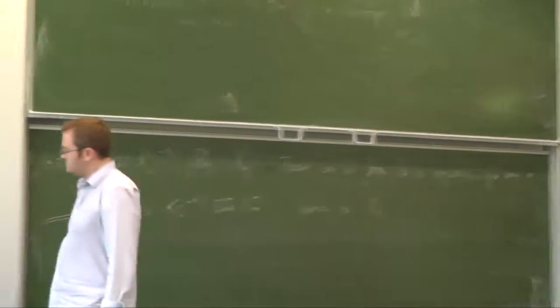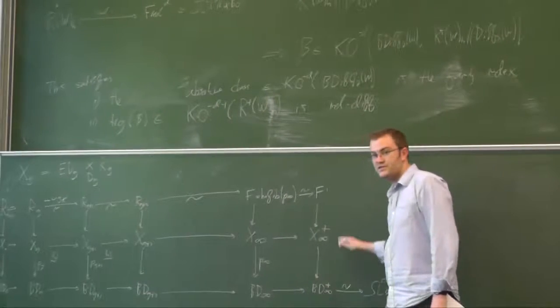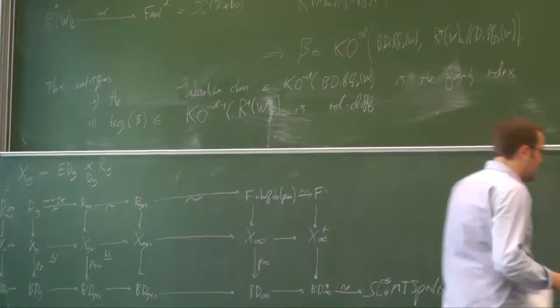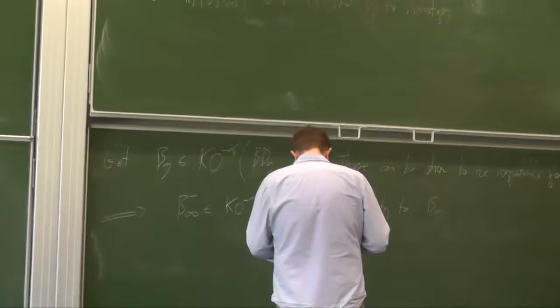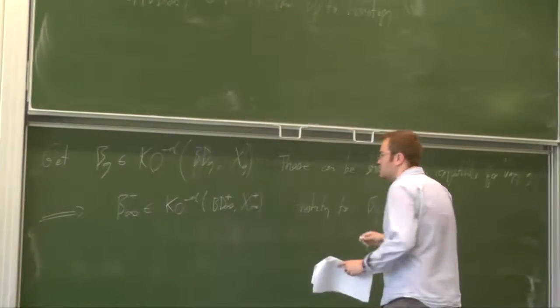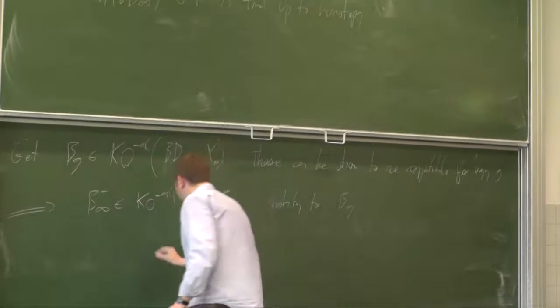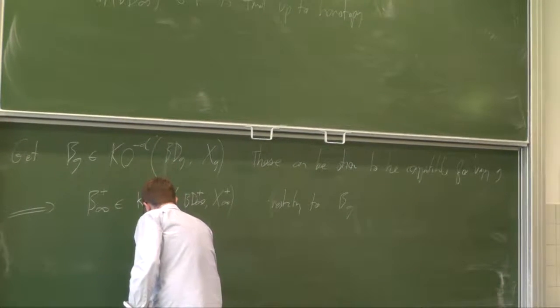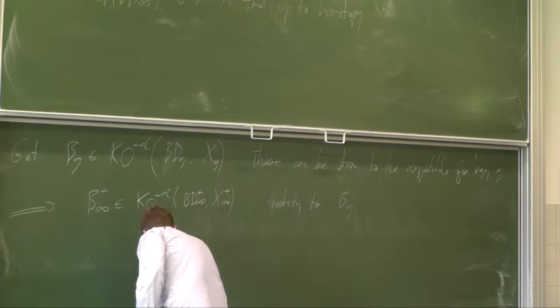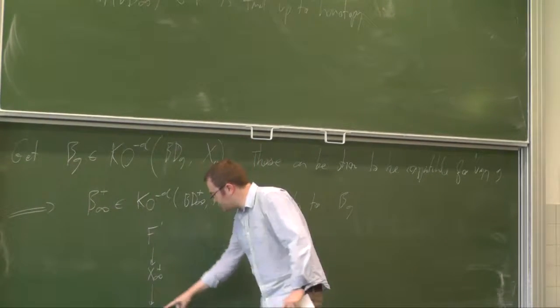And so there's a class in the relative K-theory of that. If I write that on the space level, what does that mean? I have the rightmost fibration, X infinity plus, and I have a relative K-theory class for this map.